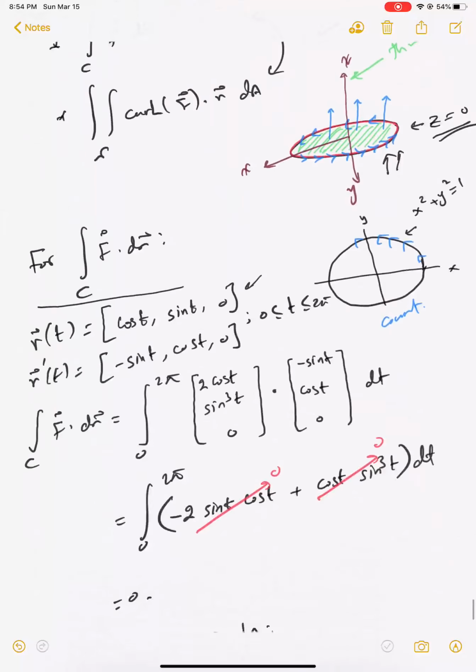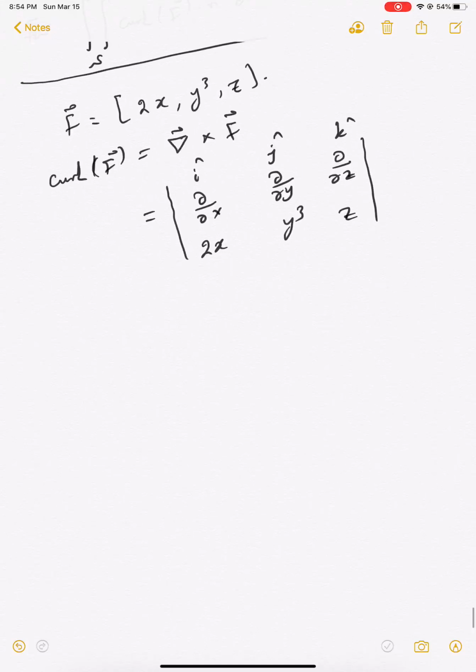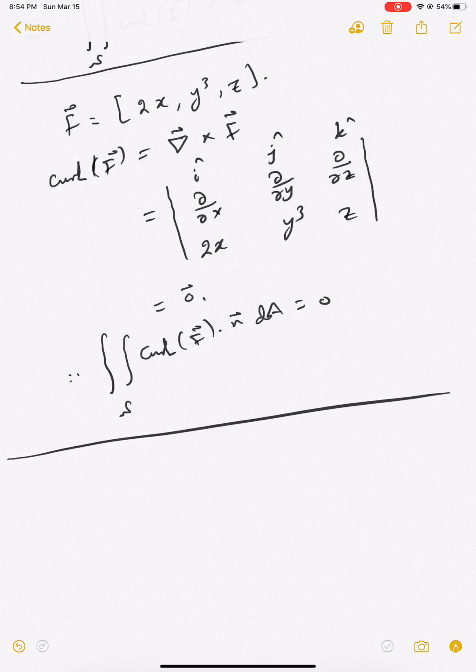Okay, we are close. So yes, here's our computations. Okay, so if you compute this, it will be the vector 0. So basically the curl is 0. That means now, if you want to compute the surface integral of curl f dot n dA, it will be 0 right away. So this is how we verify Stokes theorem, and this is the correctness of Stokes theorem.